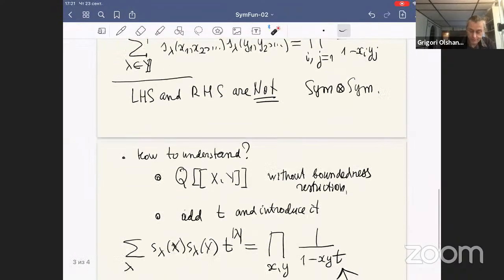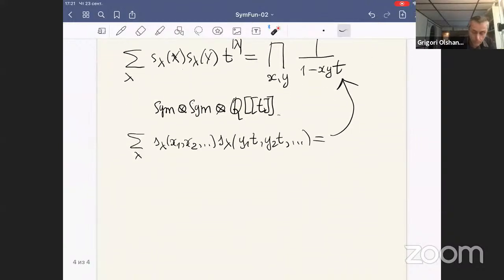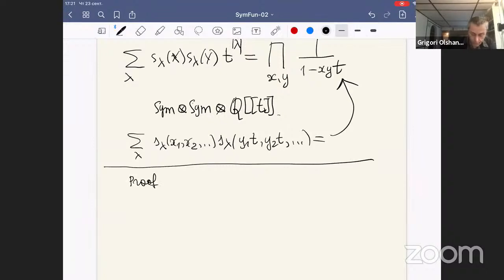How to prove this? Proof. First of all, let me formulate a very simple but important principle of a very general nature.